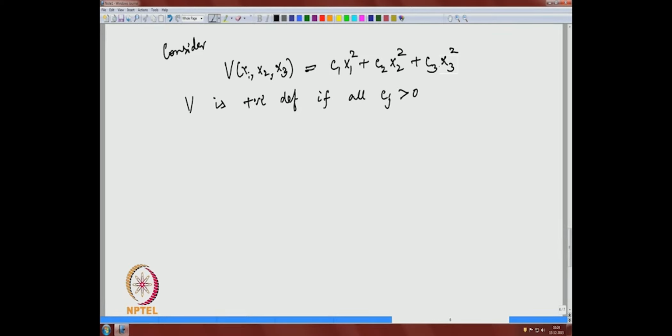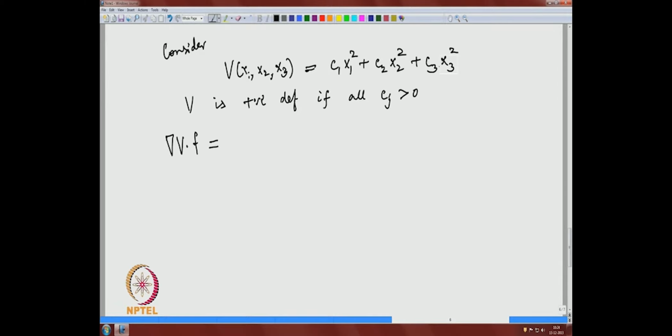So, this is only a diagonal matrix. So, there is no problem. So, if all the C1, C2, C3 are positive, then this is a positive definite matrix. Okay. Now, let us compute, because that is the requirement of Lyapunov theorems.